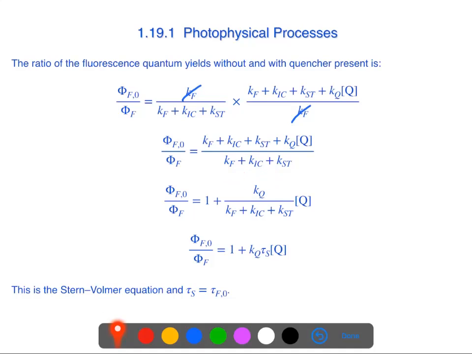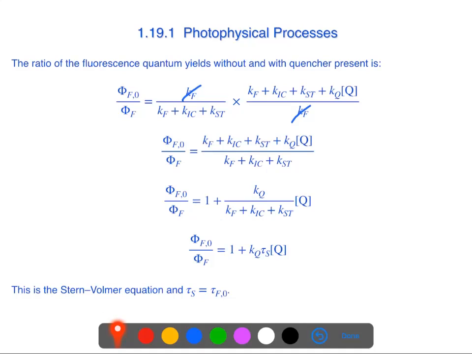Now we can break up the numerator into two terms using a common denominator such that this ratio of fluorescent quantum yields can be equated to 1 plus Kq times the quencher concentration all over the sum of these three rate constants, and that's shown here.